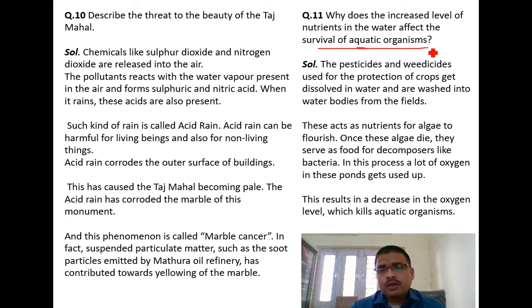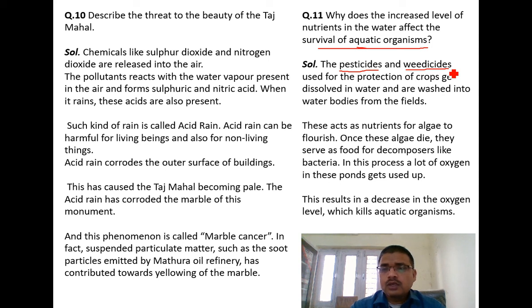So we are talking about why the increased level of nutrients in the water is a problem, because whenever we use pesticides, as I already told you, these are chemicals we use to protect our crops from different kinds of harmful substances.